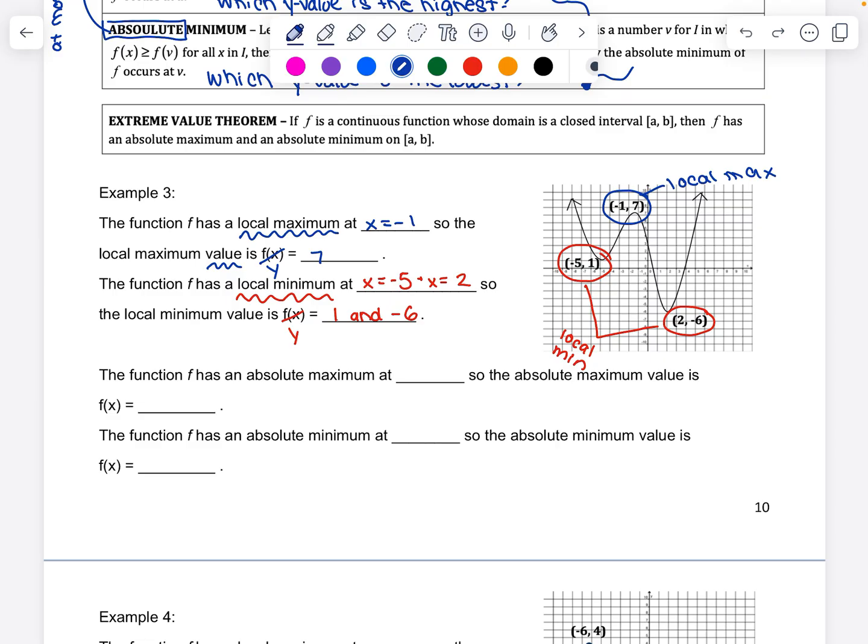If we look at which one is the lowest point on the graph, the absolute lowest point on the graph is going to be located at -6. This one right here is going to be also specifically the absolute minimum. You can only have one of those. So the function f has an absolute minimum at x equals 2. So the absolute minimum value, so the actual value, f of x just means y, is located at -6. So we're only going to have one there.